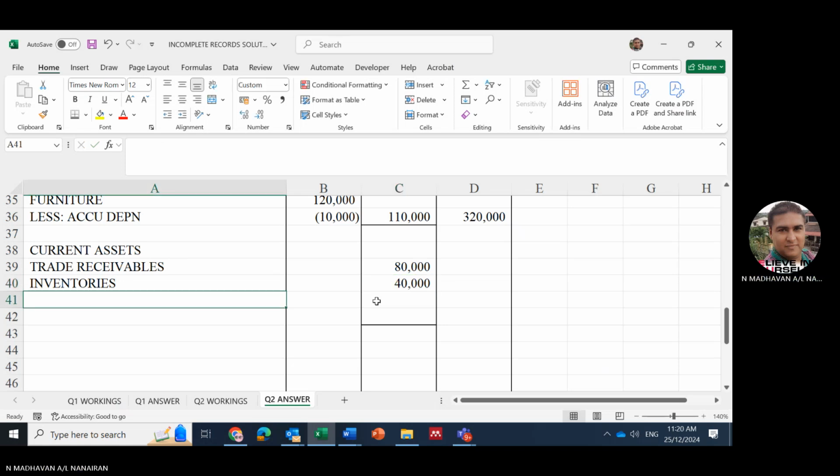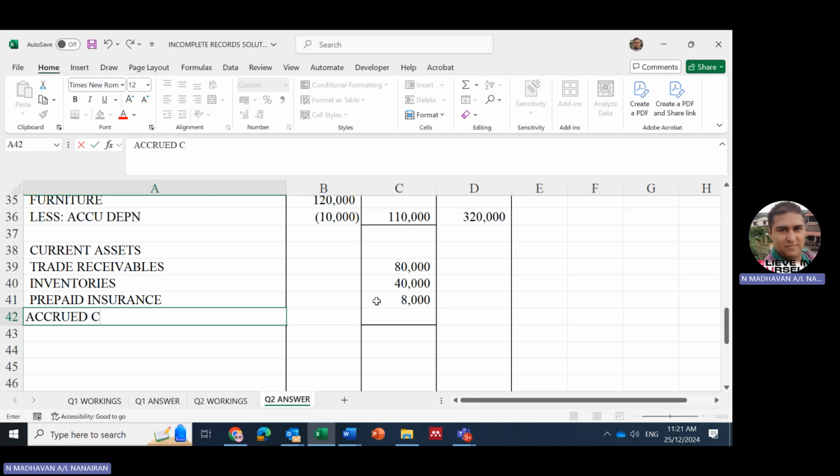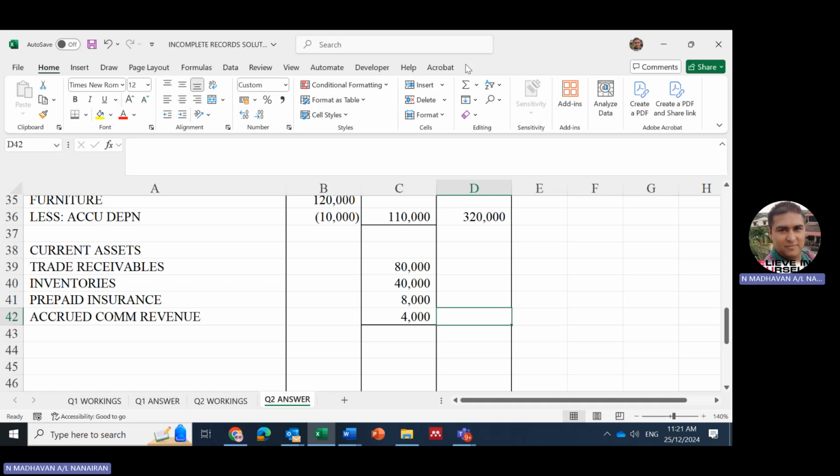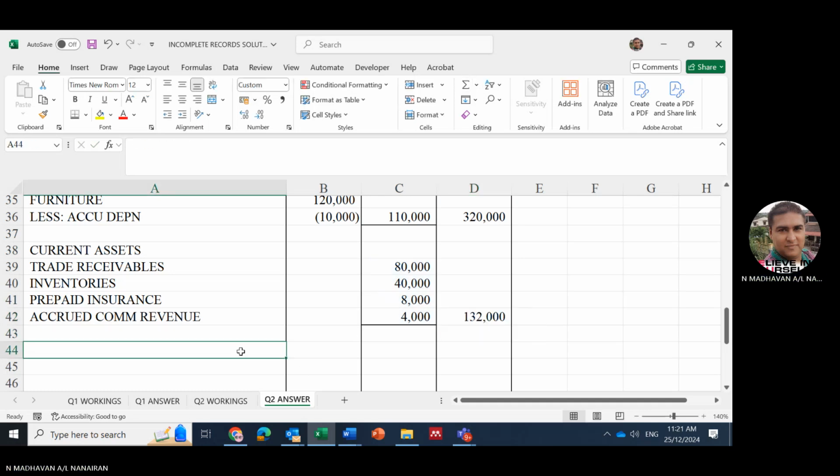Next, prepaid insurance 8,000. Accrued commission revenue 4,000. So this is your total asset, followed by current liabilities, which is trade payables.